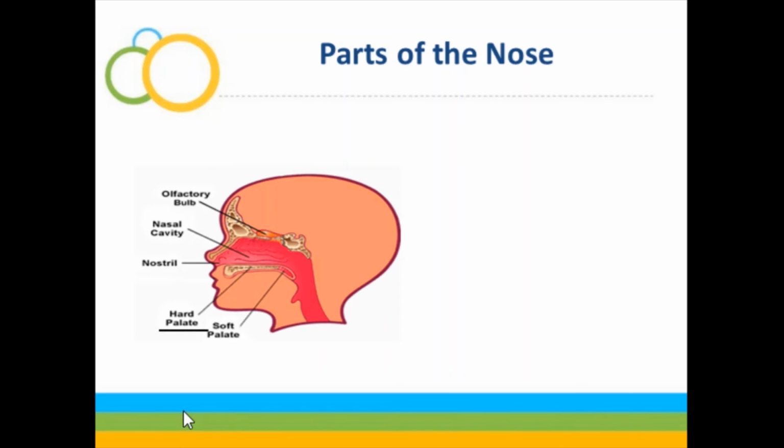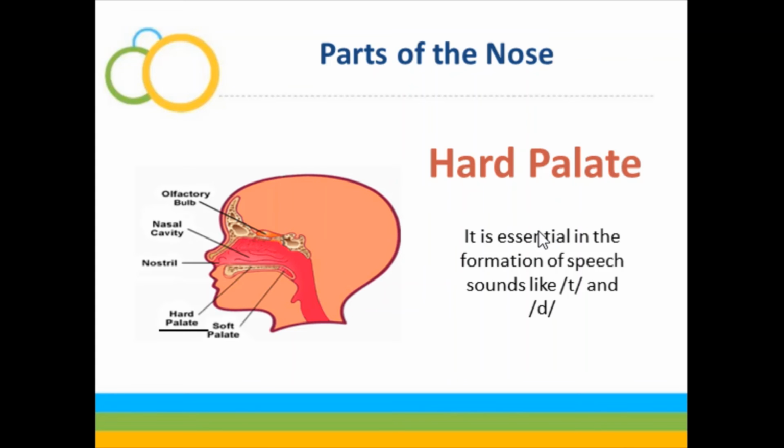We also have our hard palate. The hard palate is somehow also related to our mouth. Near our mouth. Okay? Let's say again, please. Hard palate. Our hard palate is essential in the formation of speech sounds like t and d.